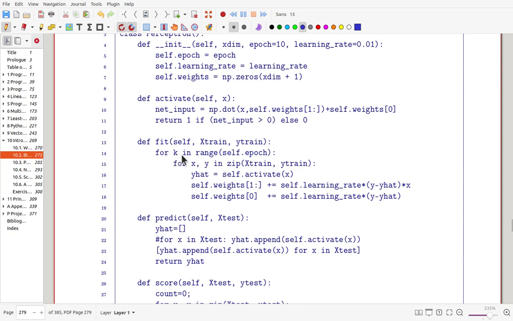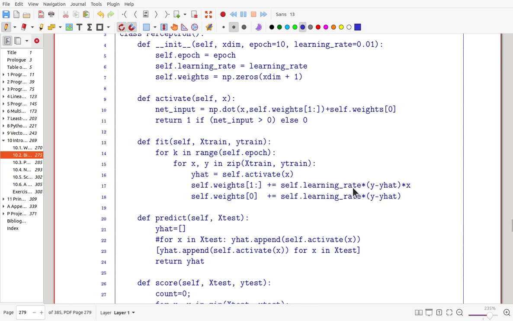So K epochs are executed, and in each epoch, each point and each label is selected from X train, Y train. For that one, activate is called using the last updated weight, and this is the predicted Y value.